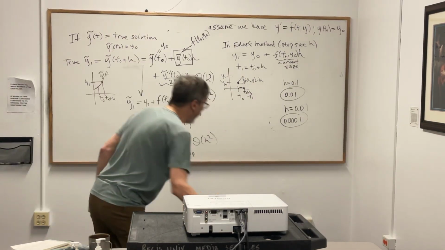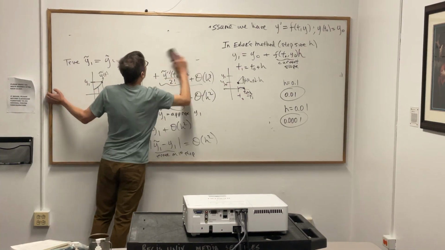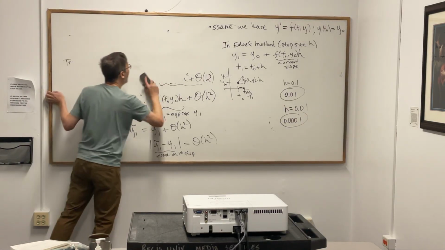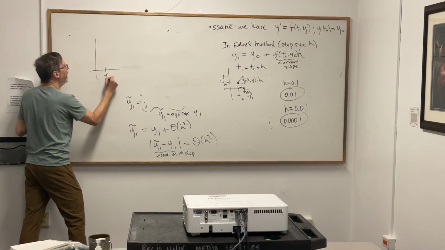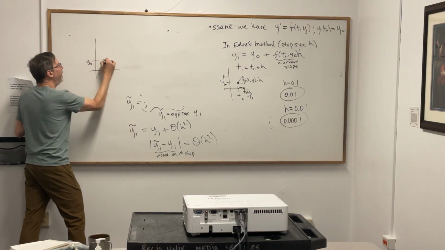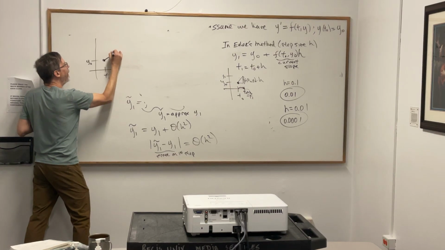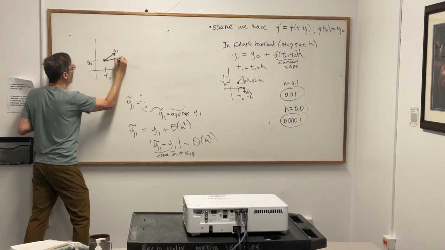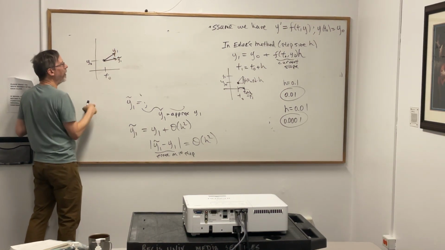Okay, so we do this for each step, but we do it a bunch of times, and so error tends to propagate. You make this first step from t naught, y naught, and here's your y1, but here's the truth. And so immediately you've got error in that.